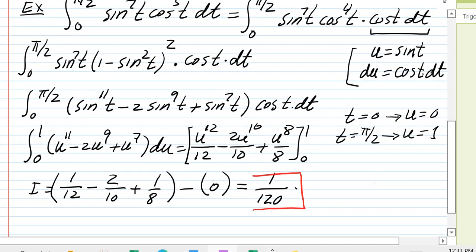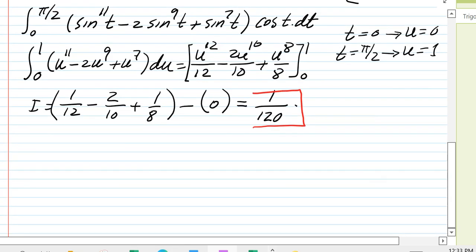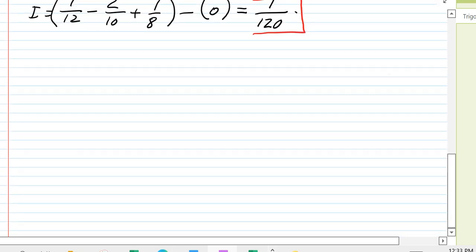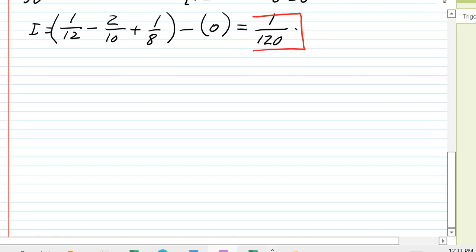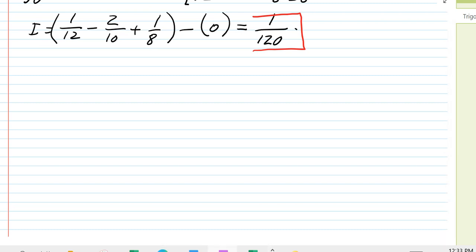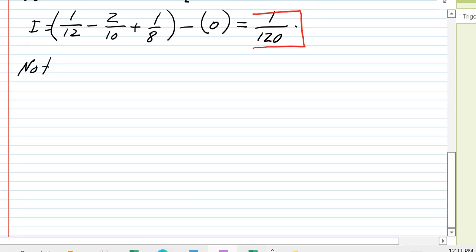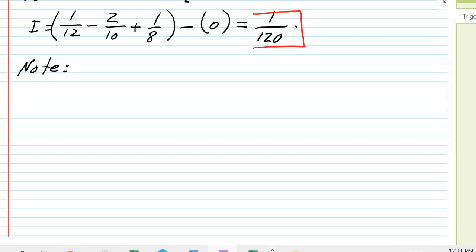Okay, so how does this relate to our beta function? Let's do the same thing using our beta function. Now before I actually can use the beta function, I want to recall a relationship. I'm going to put a note here, a relationship that exists between the beta function and the gamma function.